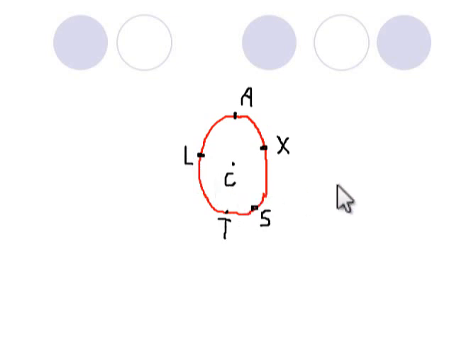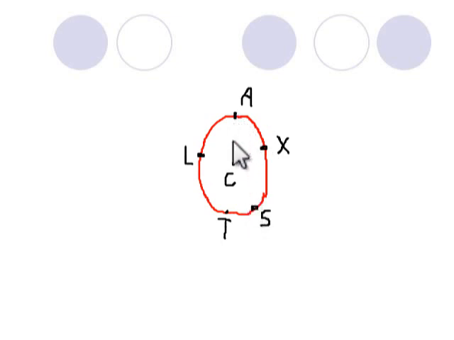All right, so now that we've done that, let's talk about some of those parts. For example, a chord. A chord, by definition, goes from one point on the outside to another. So I could draw a line from A to X, and that would be a chord. I could draw a line from A to S, and that would be a chord.